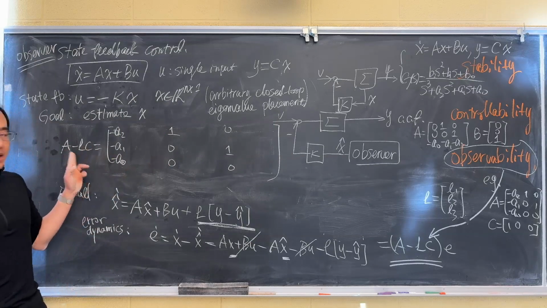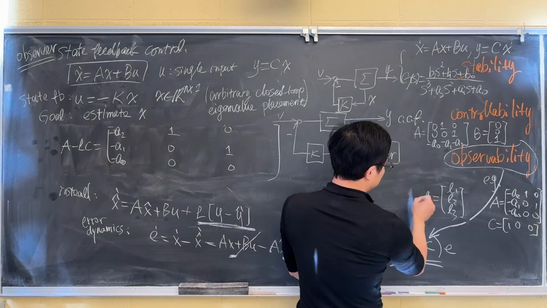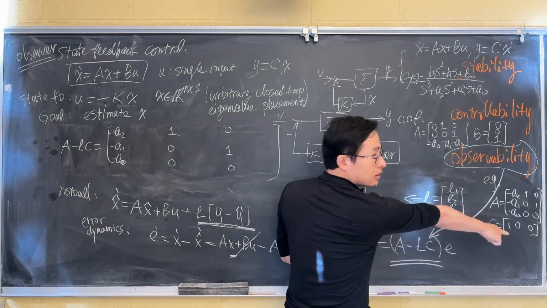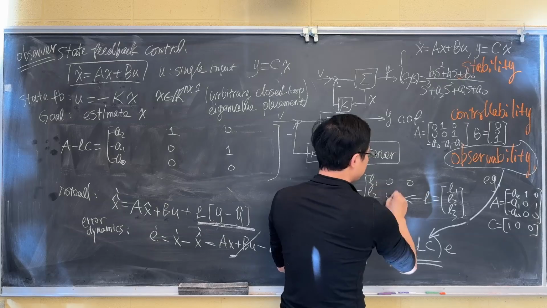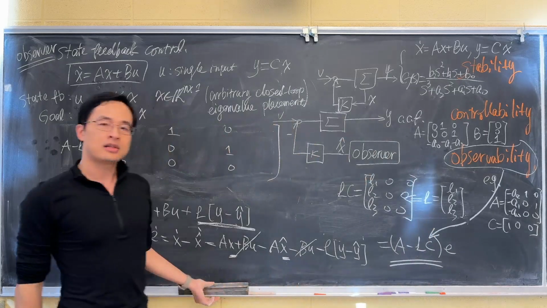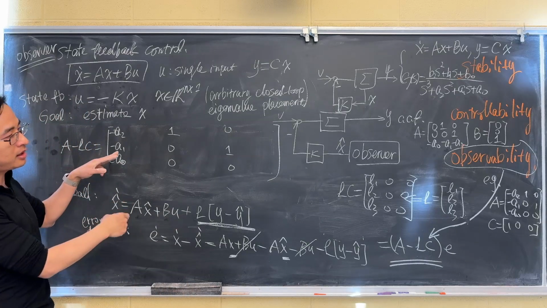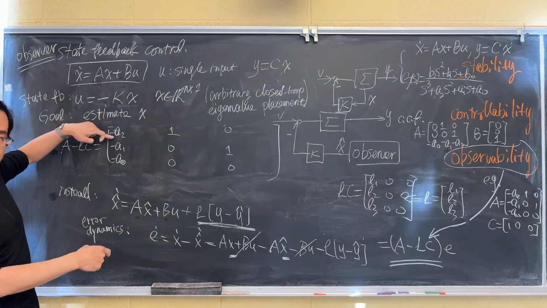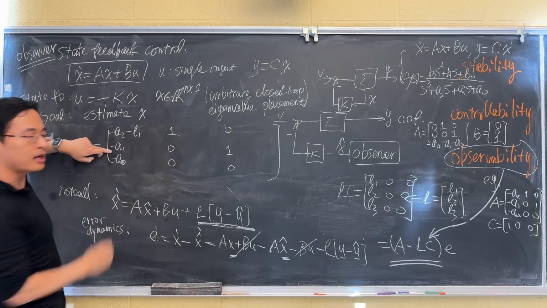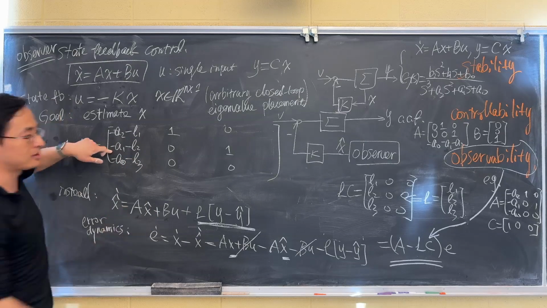So it's A minus LC. LC is going to be L1 0 0, L2 0 0, L3 0 0. That's L times C. So A minus LC therefore is going to be negative a2 minus L1, negative a1 minus L2, negative a0 minus L3.